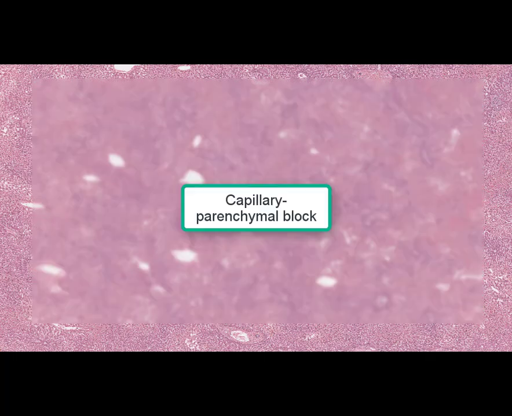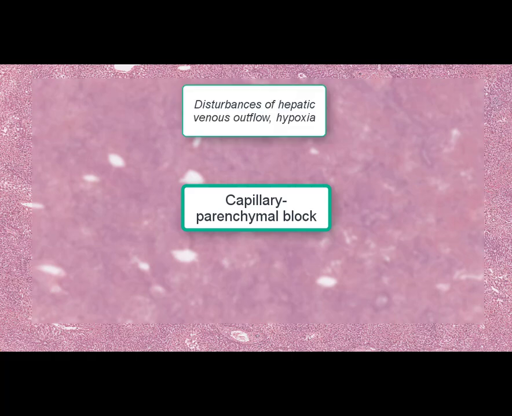The pathogenesis of the formation of nutmeg liver includes so-called parenchymal capillary block, which includes the following. Firstly, the damage of the venous outflow from the liver due to the general or local hemodynamic disturbances.